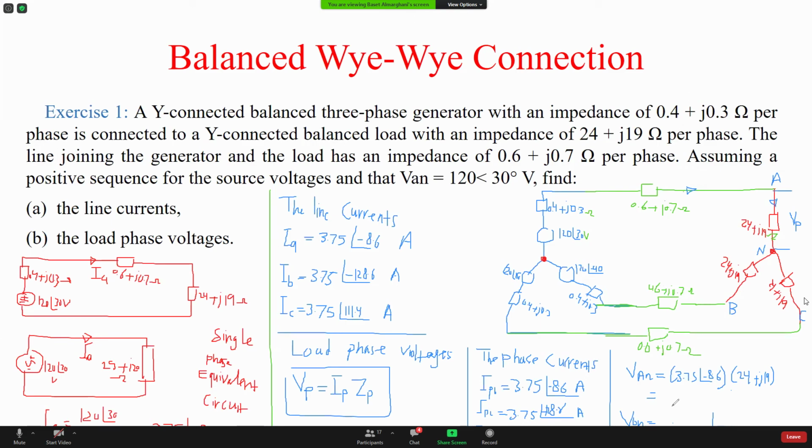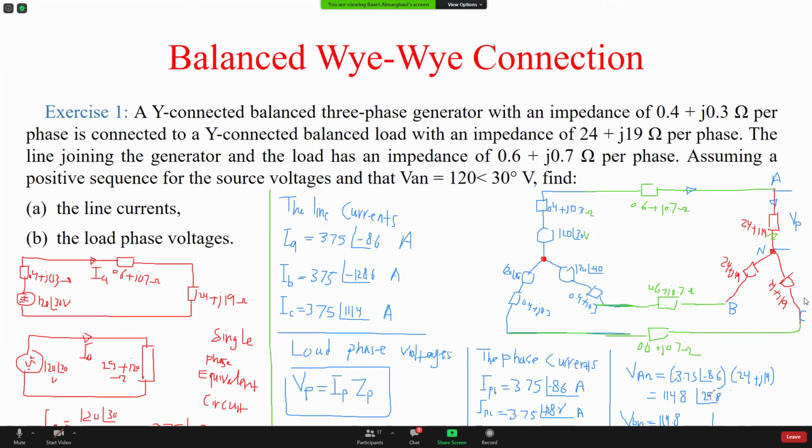I got 114.8. I'm not sure about the angle though. The angle, maybe 29.8.